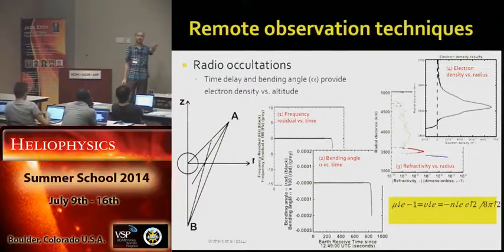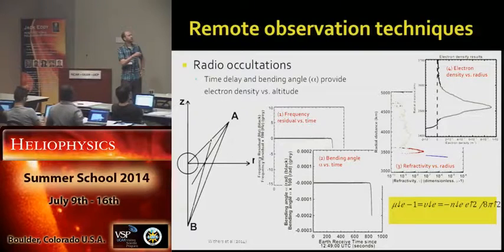So the radio signal goes from no interference with the atmosphere to interference with the atmosphere, and so you have some refraction, some bending, some time delay. And what you measure at Earth is a frequency that you're getting from the spacecraft, and you compare that to the frequency that you would expect to get if there were no atmosphere in the way, and then you have a frequency residual, it's called.